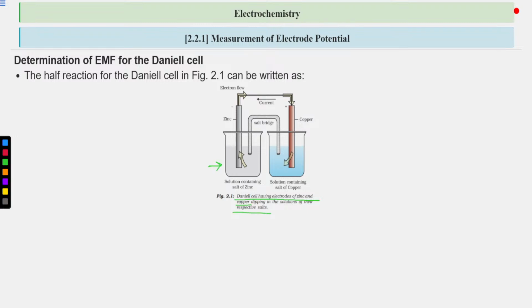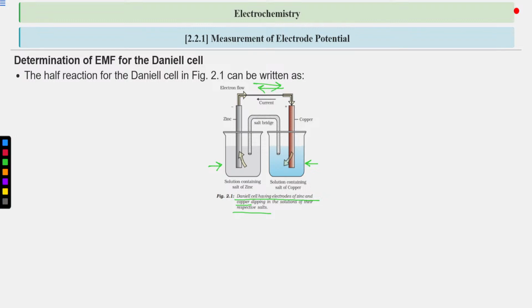Here we have zinc sulfate, here we have copper sulfate solution. We have zinc rod in the zinc sulfate solution. We have copper rod in the copper sulfate solution. And the two rods are connected through the external circuit through which the current is flowing from the copper to the zinc, and the electron is flowing from the zinc to the copper, right? And this is the salt bridge.